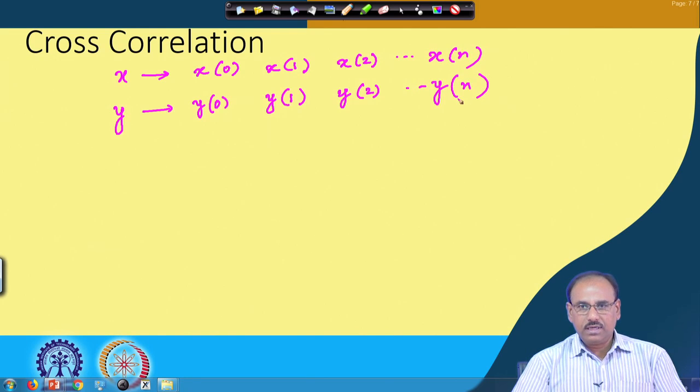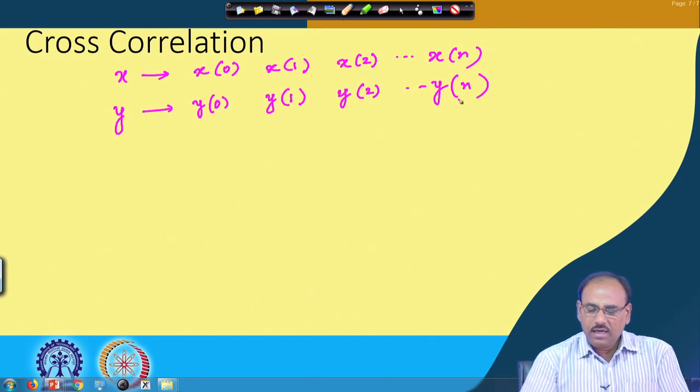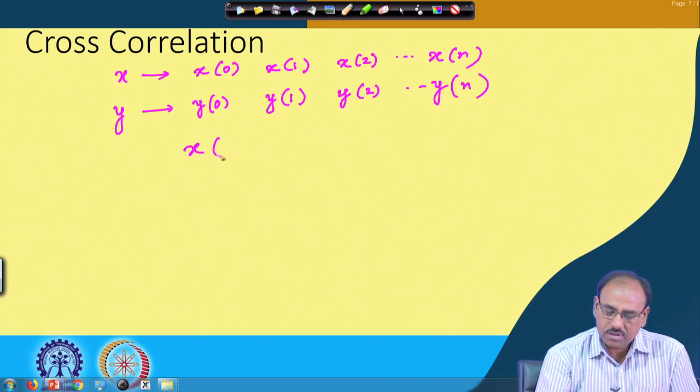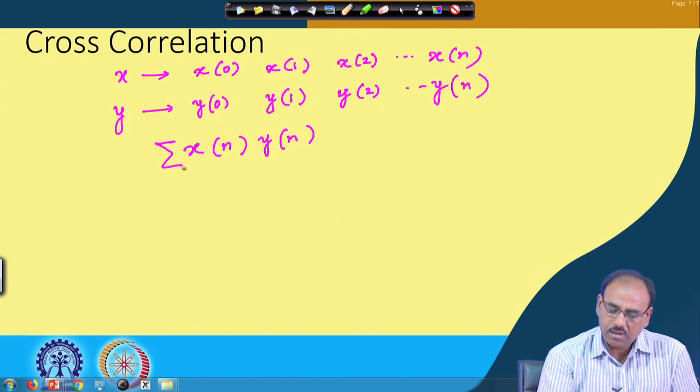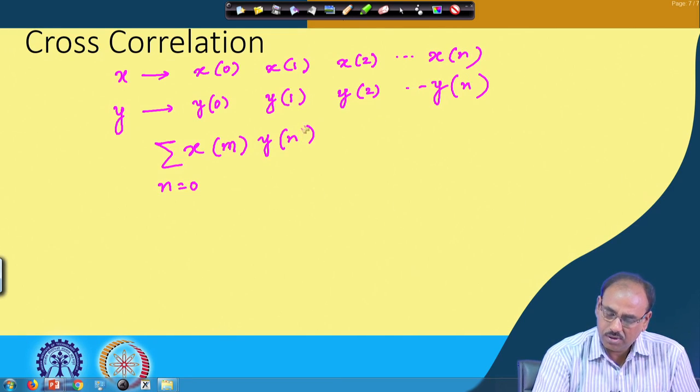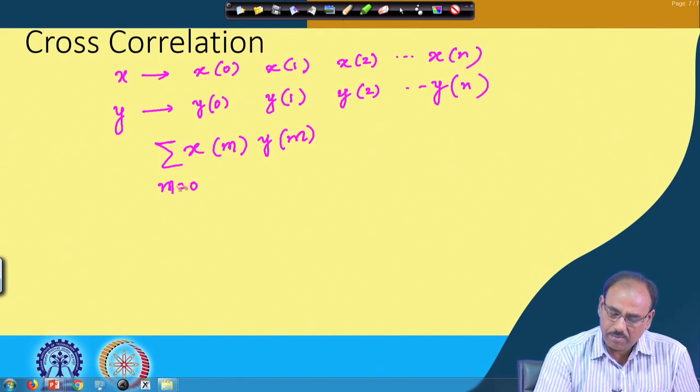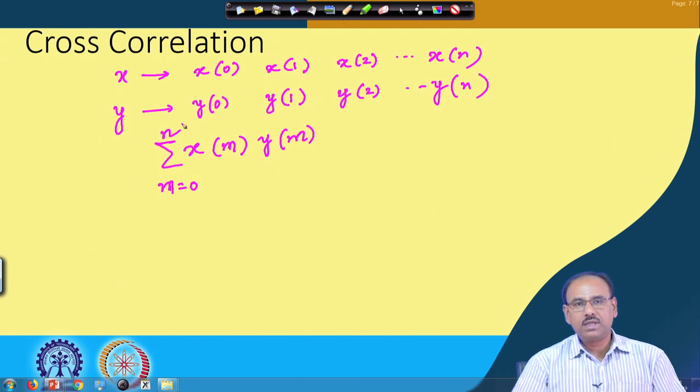Then the cross correlation between x and y is given by the summation of x(m) y(m), where m will vary from 0 to n. So, this is the cross correlation between the two signals x and y.